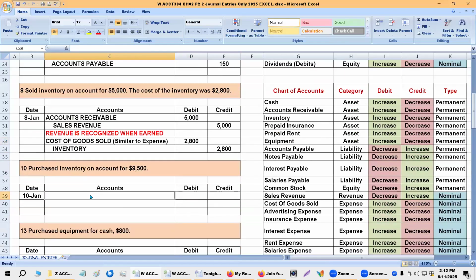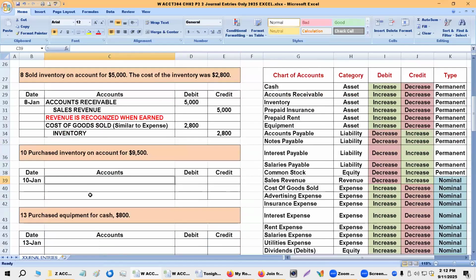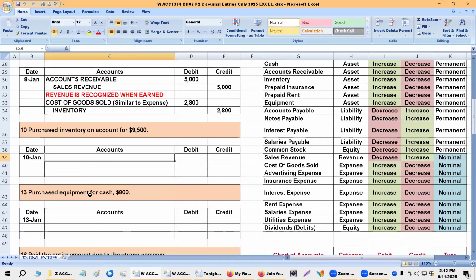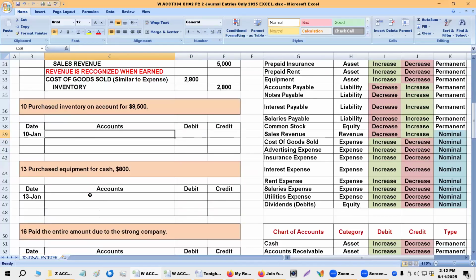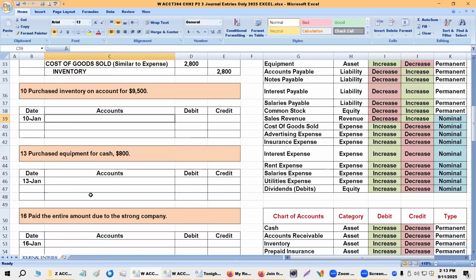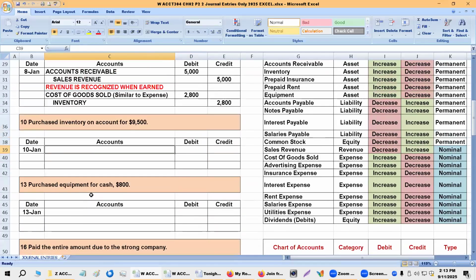All right, purchase inventory on account 9,500. Anyone? Is inventory going up or down? Do we have more or less? It's going up. You got more. Yep. So our inventory is going up. You'll have an increase with a debit.